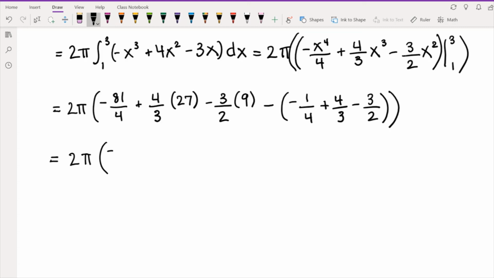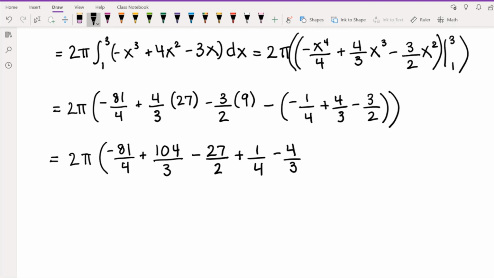So we're going to have negative 81 over 4 plus, so 4 times 27 is going to be 108. And then we have minus 27 over 2. And then to this, we're adding 1/4. And we're subtracting 4/3, and we are adding 3/2.